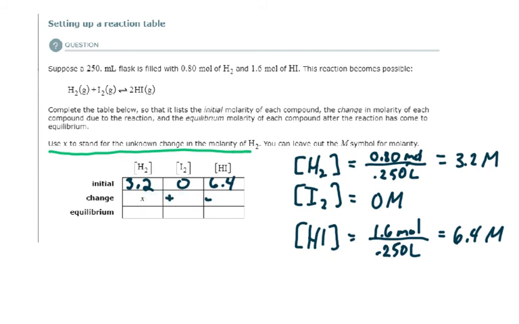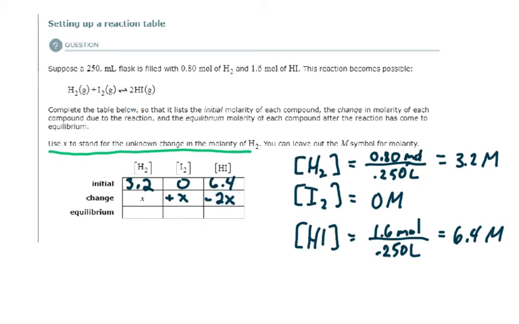Also X. As 1 mole of this is made, 1 mole of that is made. But as 1 mole of this is made, or 1 mole of that is made, 2 moles of this are consumed. So the change in concentration is going to be minus 2X here. This is being consumed, so minus, and the coefficient of 2 there is going to go in front.